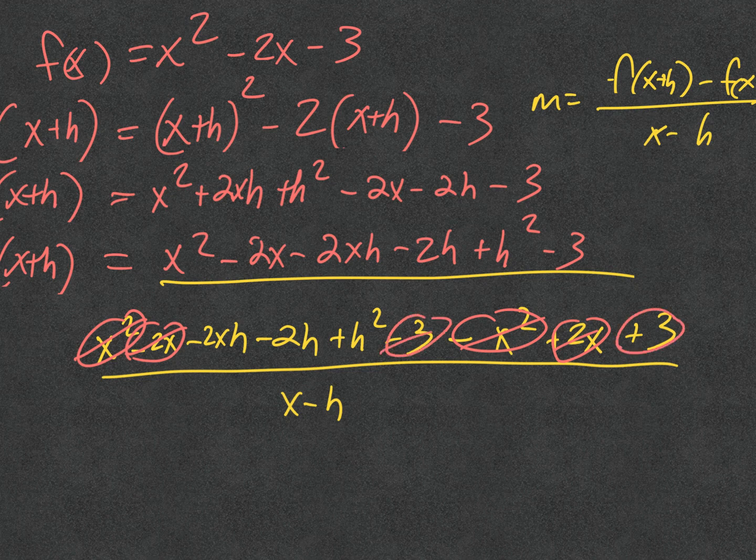Negative 3 and positive 3. And I have negative 2xh minus 2h plus h squared.